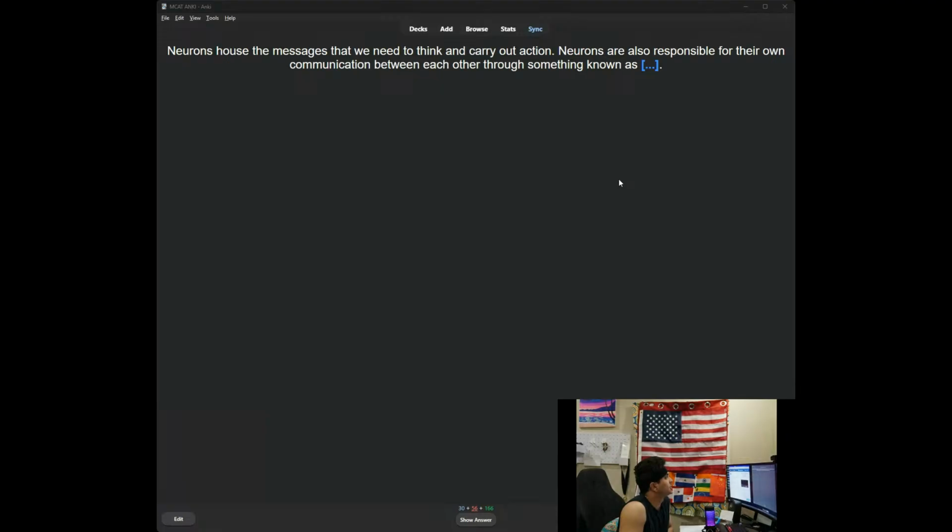Neurons carry the messages that we need to think and carry out action. Neurons are also responsible for their own communication to other neurons.